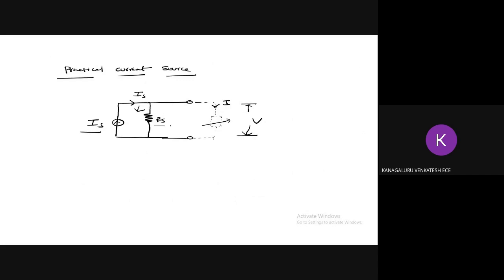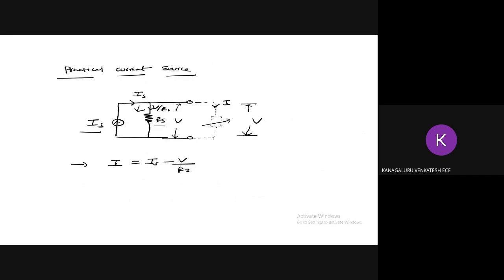By Ohm's law, we know that I is nothing but V by R. The same load voltage will appear across RS, therefore the voltage across RS is V. So the current flowing through RS is V by RS. So I can write this mathematically as the load current I is IS minus V by RS.